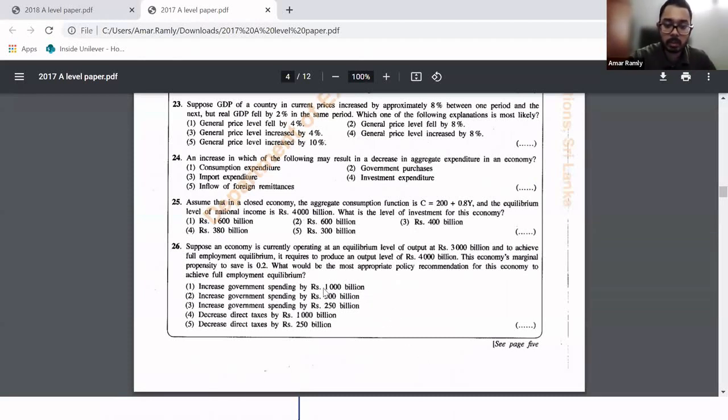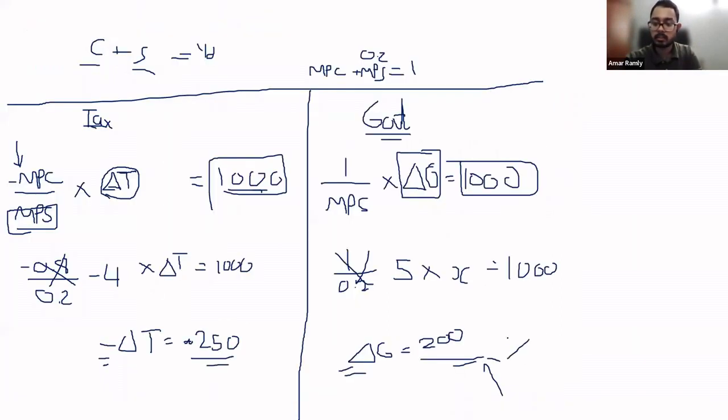There's a 1000 billion, a 500 billion, a 250 billion. If you increase government expenditure by 200 billion, output will increase by 1000 billion. Yes, that is true, but that option is not here, guys. So in other words, this can't be answered.